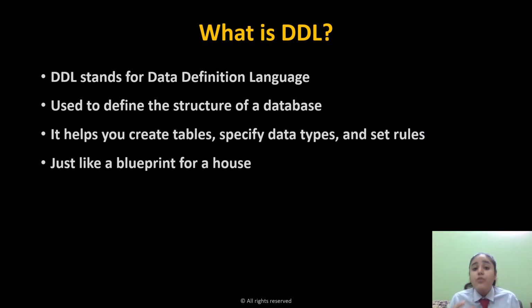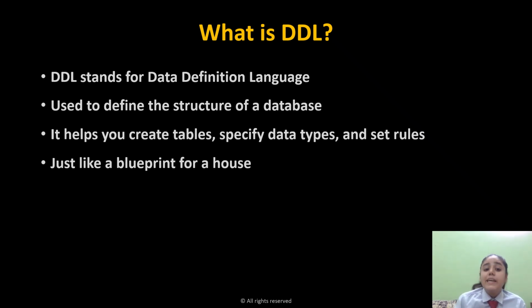The main working of DDL is to define what type of tables we need to store in DBMS. The name of the table, the name of the column, what type of data we need to store for a particular column. So DDL defines all these things.